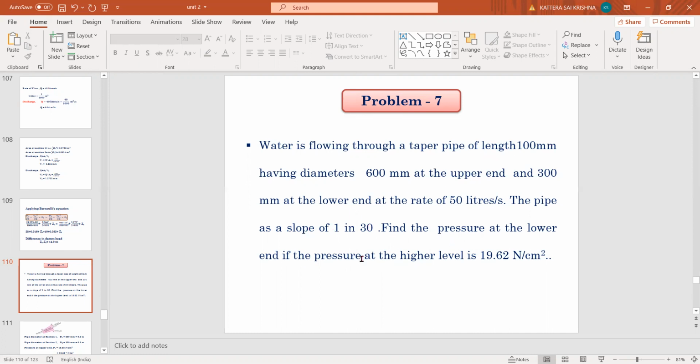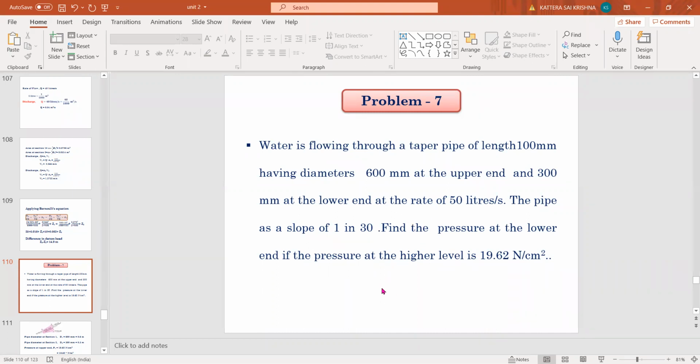So find the pressure at the lower end, if the pressure at the higher end is 19.62 Newton per centimeter square. So again, he's asking to find the pressure here. One pressure is given, one we need to find. Okay, so please copy the question.